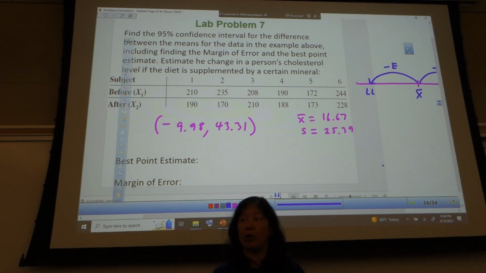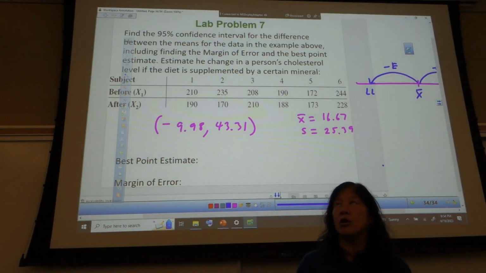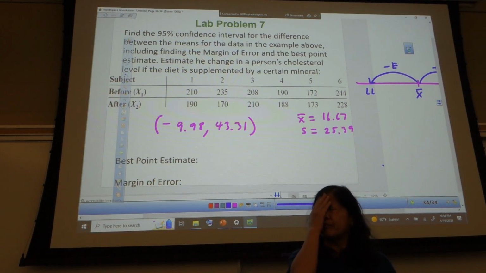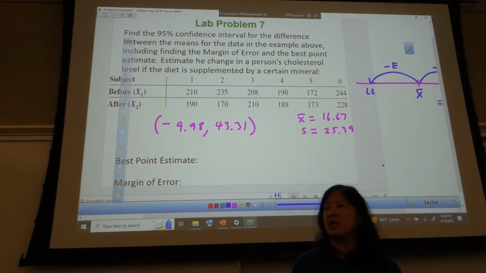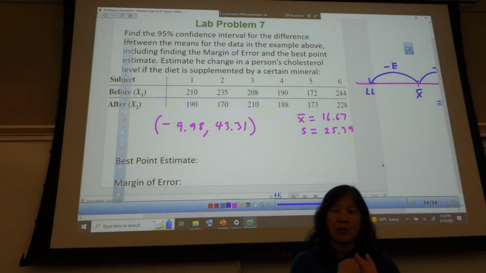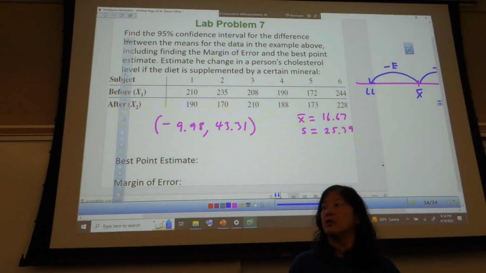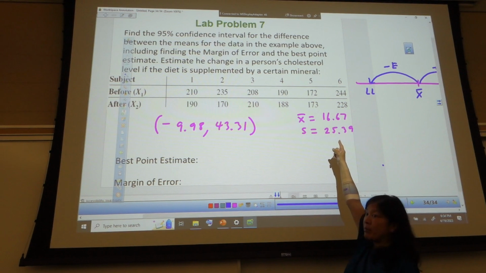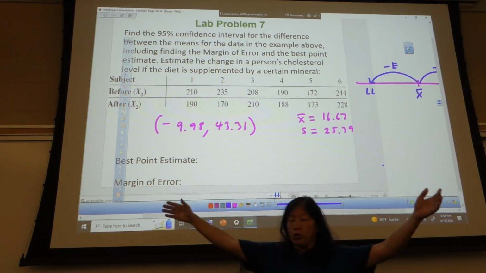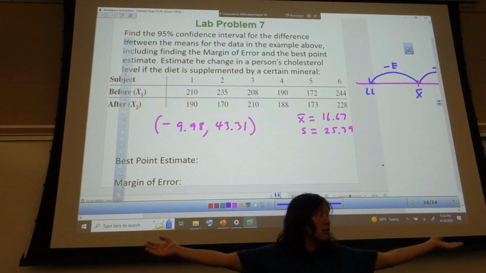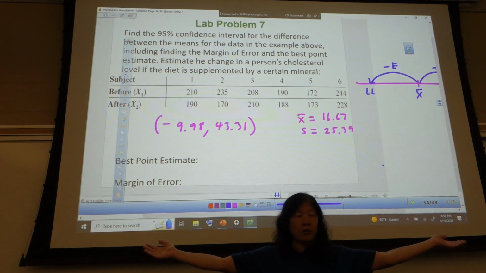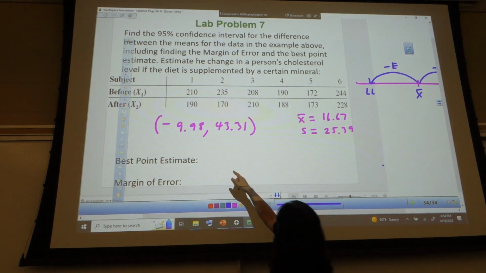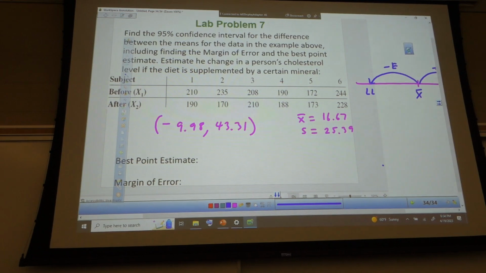I take a sample, and in my sample, the average height is 64.3 inches. What's my best guess at the average height of all people? 64.3, whatever I got from my sample. Does that make sense? So my x bar is my best guess at what the whole population is going to be. Yes? No? Okay. So my best point estimate is going to be x bar, 16.67.